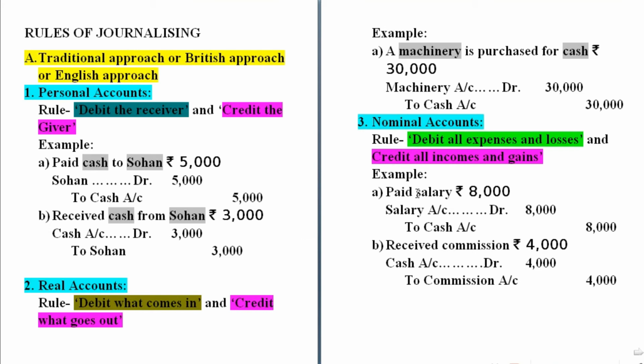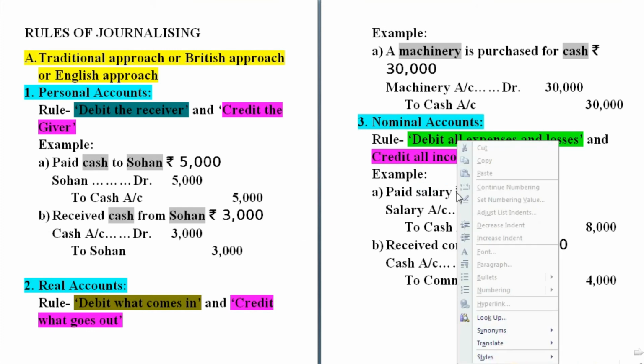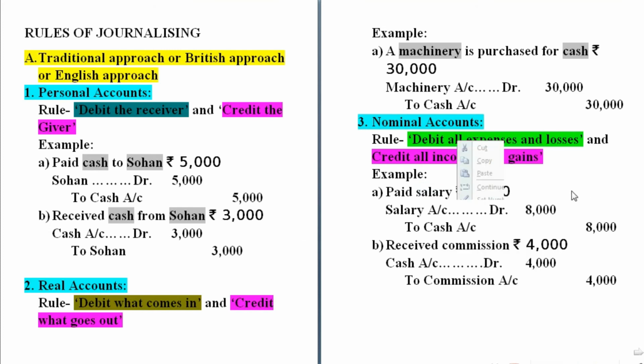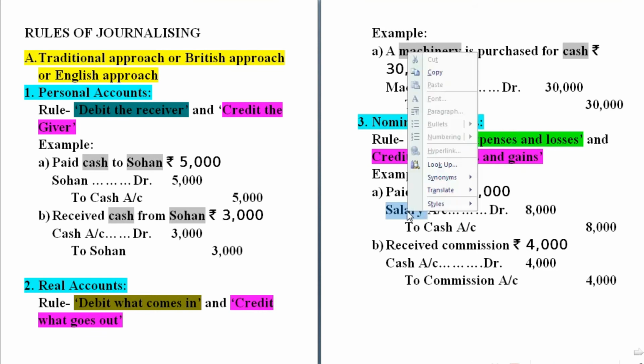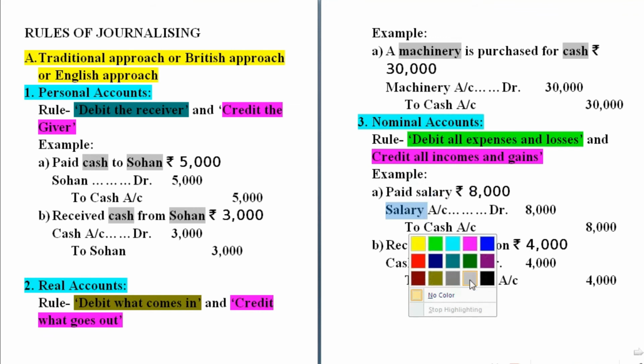So here salary is the account which has been affected, and since salary is an expense and it belongs to the nominal account, what do we have to do? Debit the expense, so we are debiting salary, and salary is of course paid in cash. So what is going out of your business?